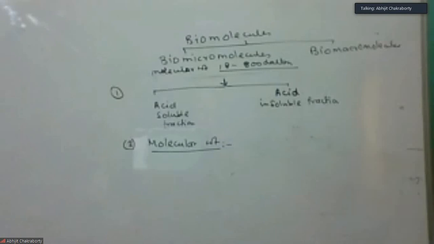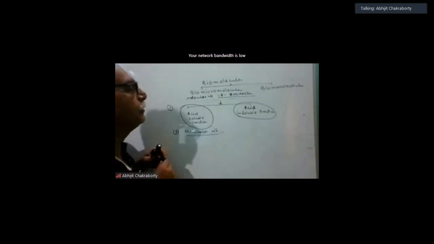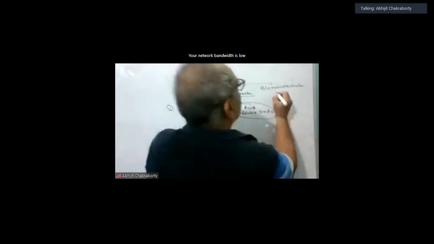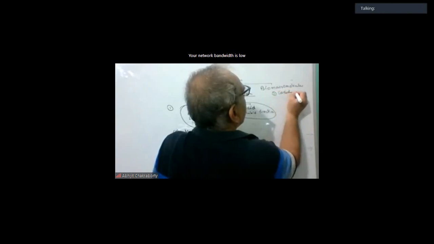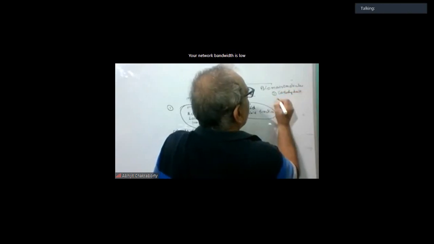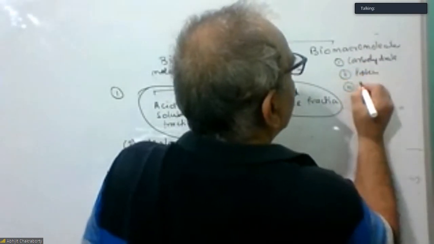Biomacromolecules should be found in the acid insoluble fraction. The most important biomacromolecules are carbohydrates, proteins and nucleic acids.